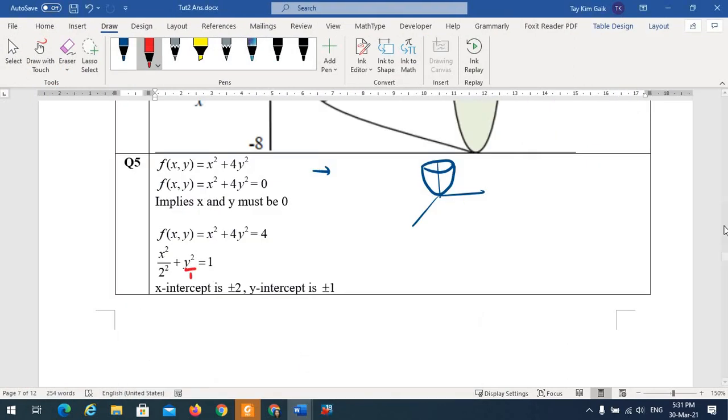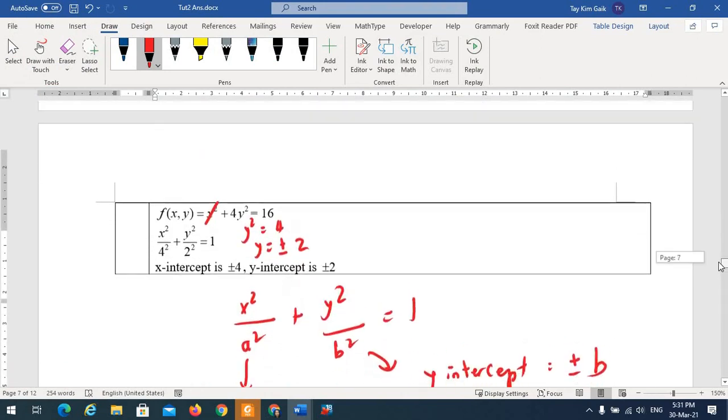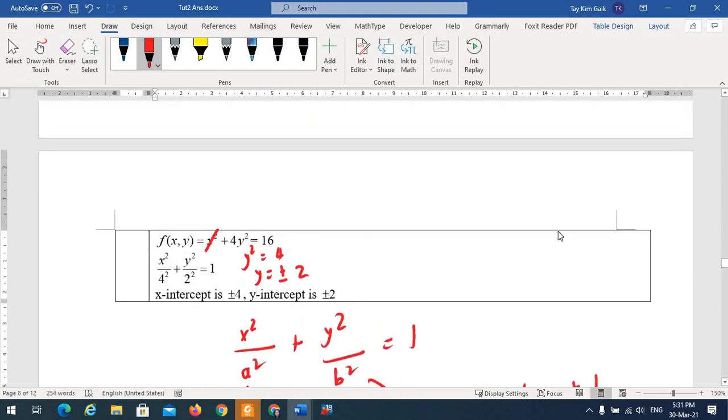The original question was f(x, y) equals x squared plus 4y squared equals 8. I said that for this, what value you put for z or c is up to you, because if you put 8 also can, no problem, but the intercept is not an integer, it will be a floating point.